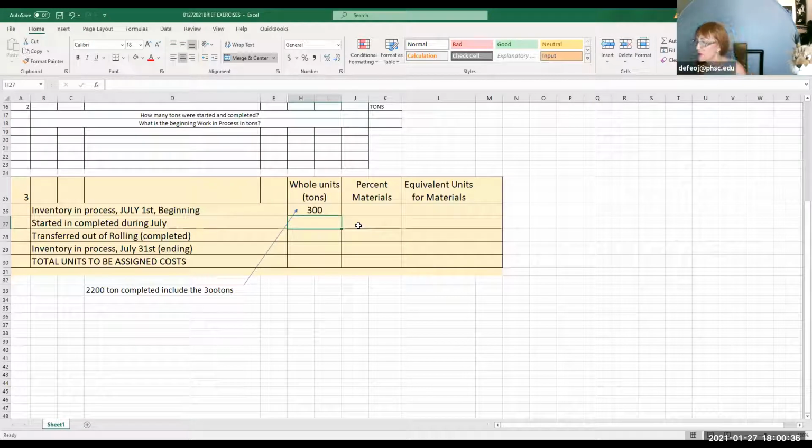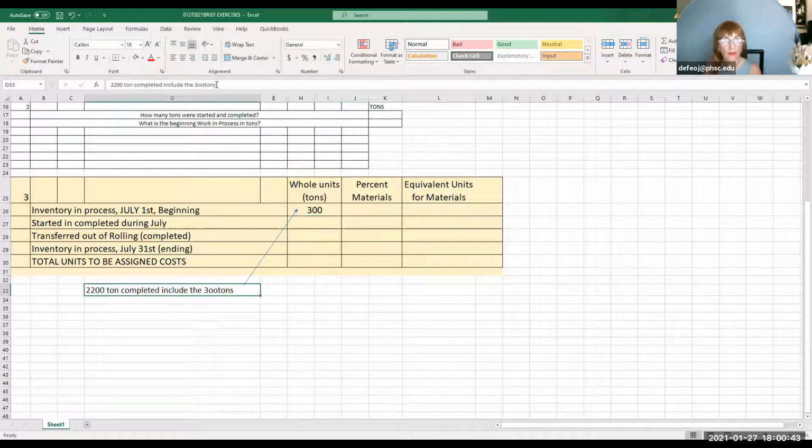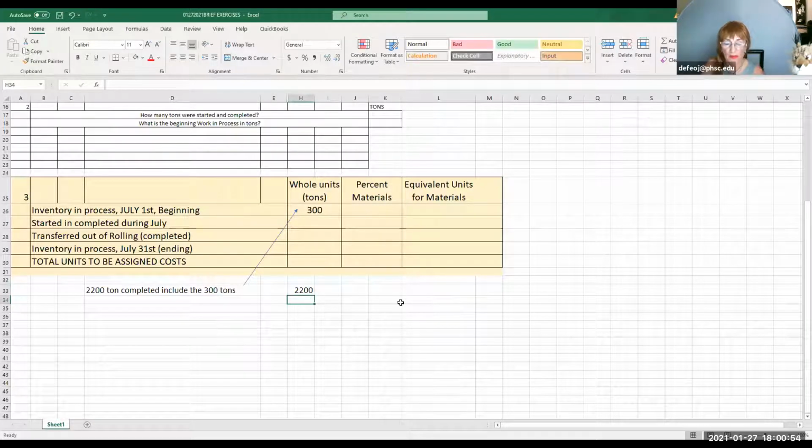What do you think we have to do so that we don't double count it? Anybody? Does anybody have any ideas?